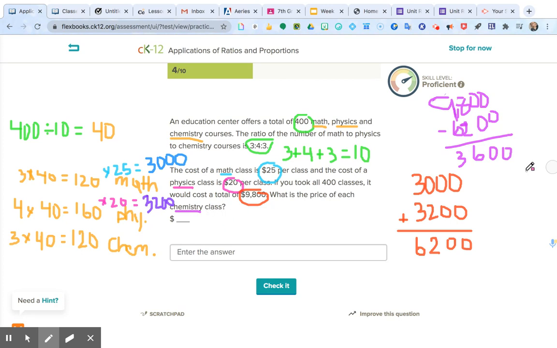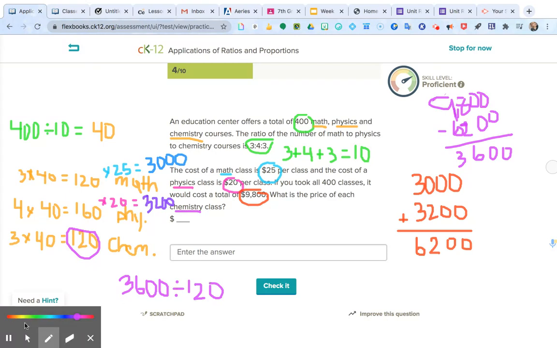I need the cost per class. So it's 3,600 for all 120 of them. So my last step is to divide. So all the chemistry classes cost 3,600 in total. I took 120 of them, so I'm going to divide to get the cost per class.